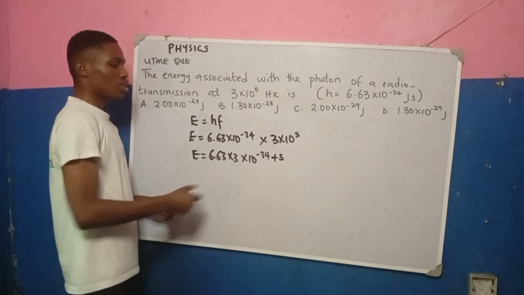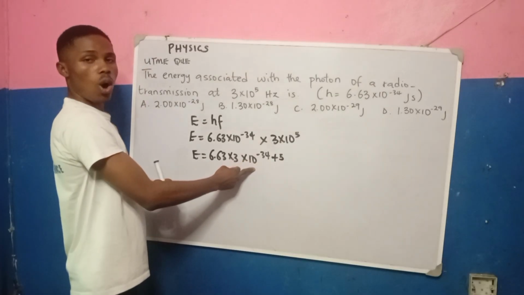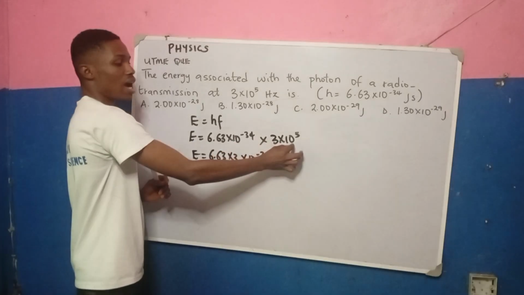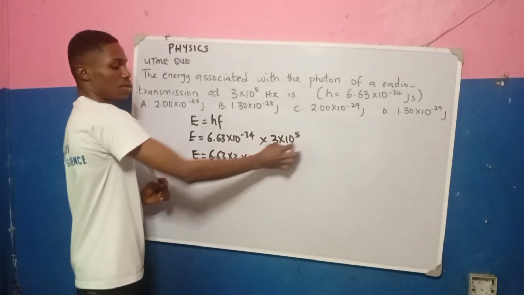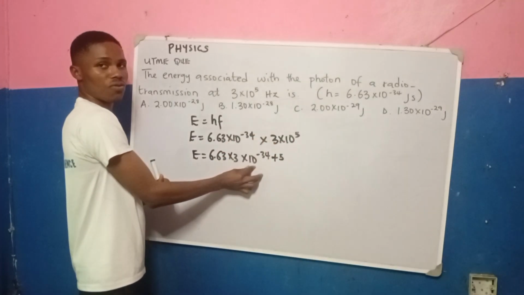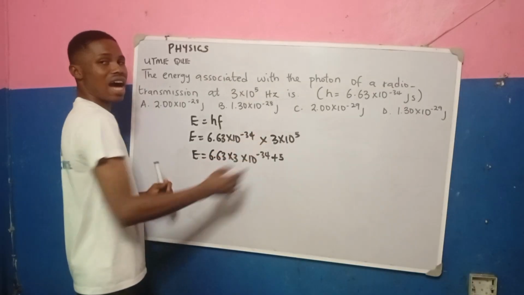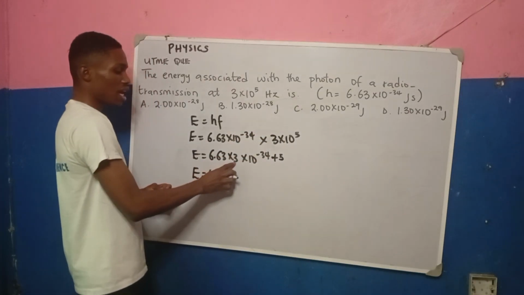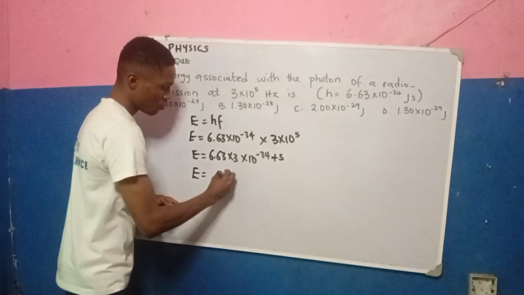This is a what? A law under indices. Why? Because their base numbers are the same. You have 10 here, you have 10 here. So we take one of it and we then add the powers. So this equals, multiplying this with this, we have this.